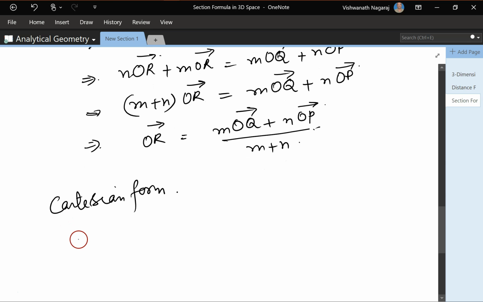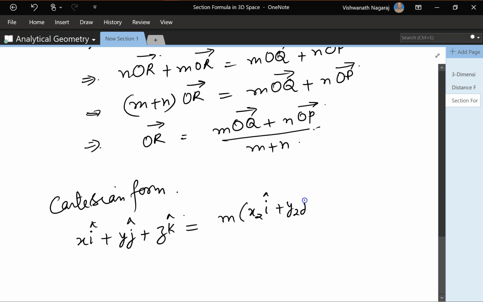OR can be written as xi plus yj plus zk. This is equal to m times OQ, that is the position vector of Q, which can be written as x2i plus y2j plus z2k, plus n times OP.